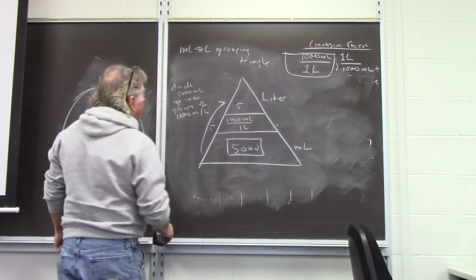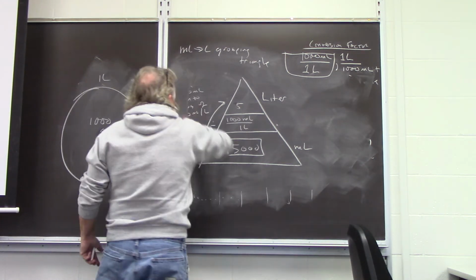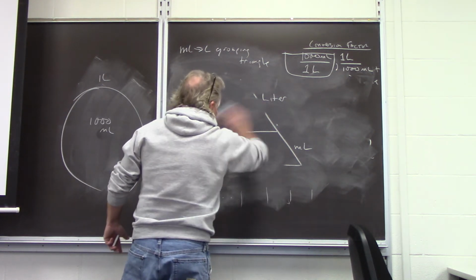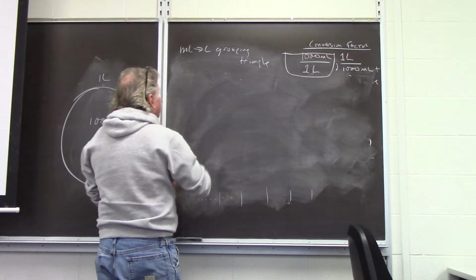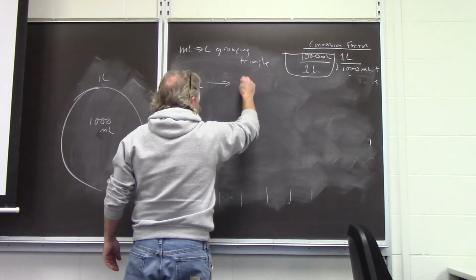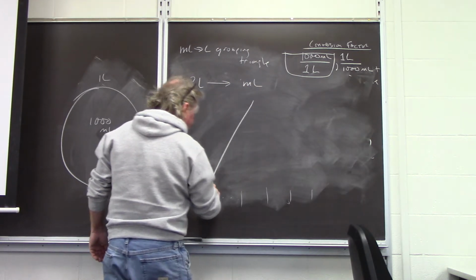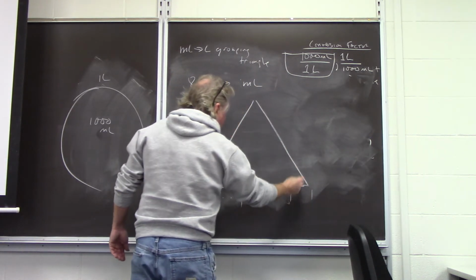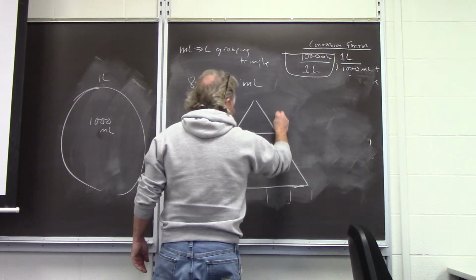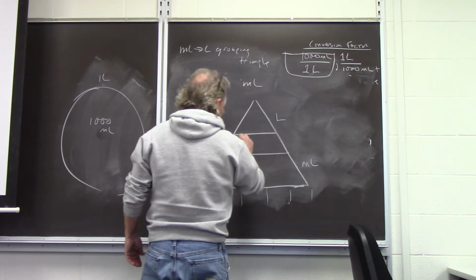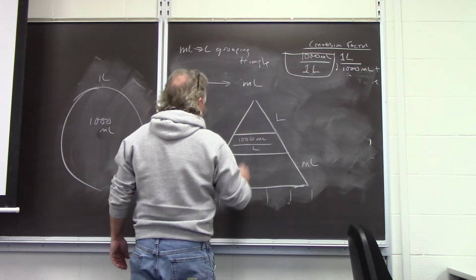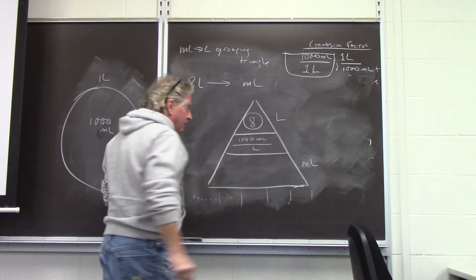Right, now let's go the other way. Let's see how it makes sense that way. Now let's say I have 8 liters, and I want to know how many milliliters that is. Same grouping triangle. And I'm given 8 liters. Okay.